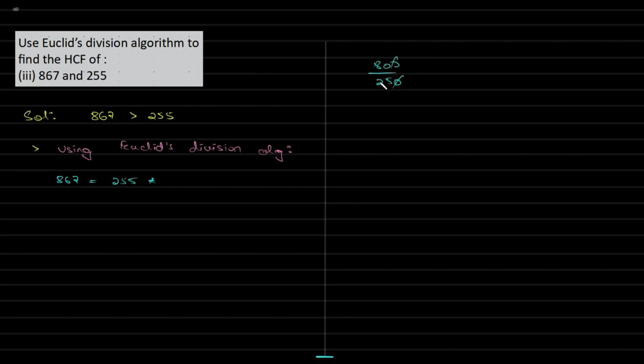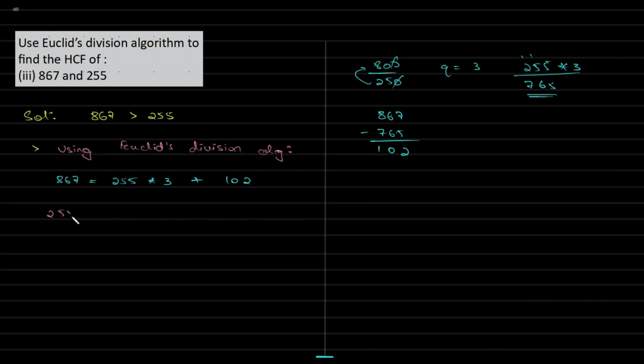The 0 0 gets cancelled. So we can clearly see the quotient will be somewhere around 3, is it not? So now I'll multiply 255 into 3. So this will be 5, 1 carry, 6, 1 carry, 7, right? So I can't go with 4. That will be too much. So this is your quotient plus remainder. That will be 867 minus 765, which is 102.